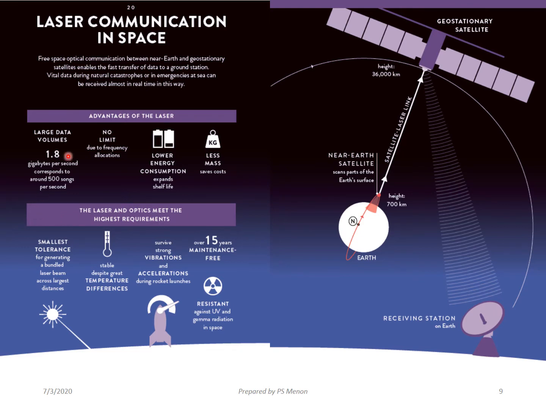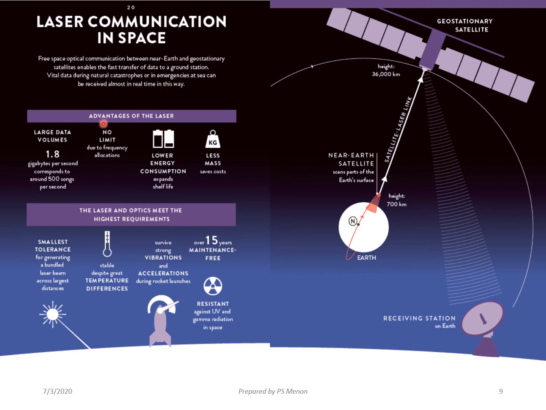Let's look at laser communication in space. Free space optical communication between near Earth and geostationary satellites enables the fast transfer of data to a ground station. So vital data during natural catastrophes, suppose there's an earthquake or a flood, some major catastrophe, or in emergencies at sea, can be received almost in real time in this way.